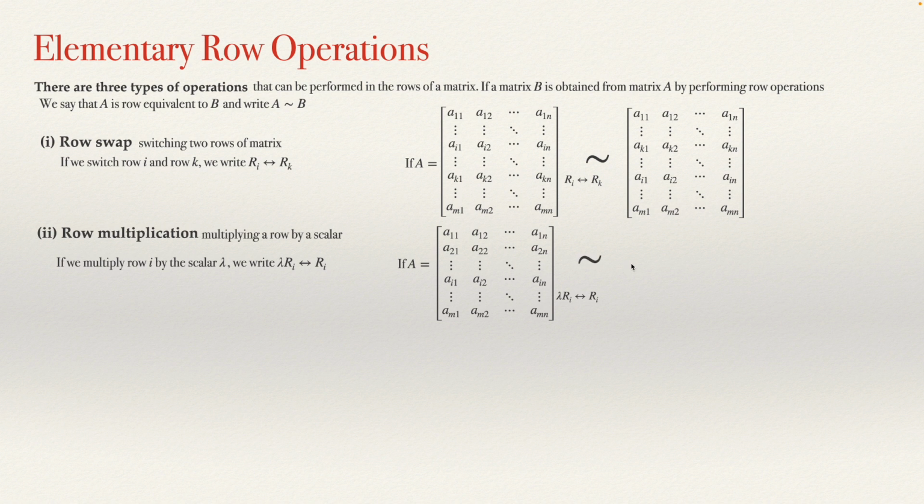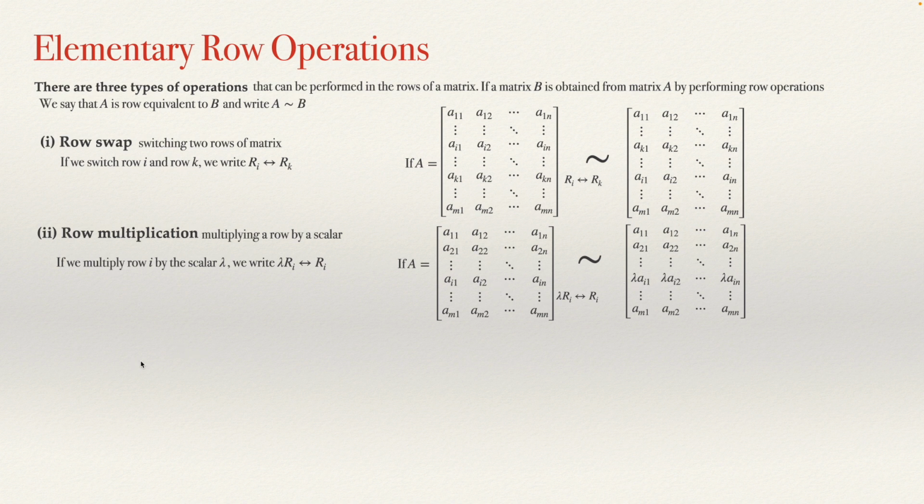So the answer will be a matrix like this. All the rows are the same, but row I will appear multiplied by the scalar lambda. Obviously, the matrix that we obtain is row equivalent to the previous one.